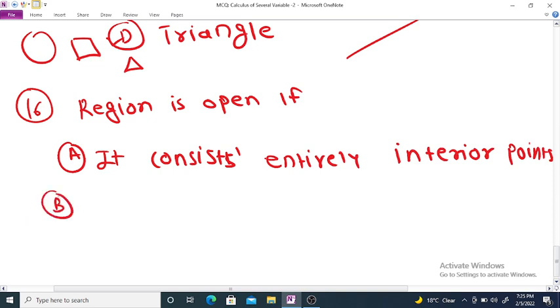Option number B, it contains all its boundary points.